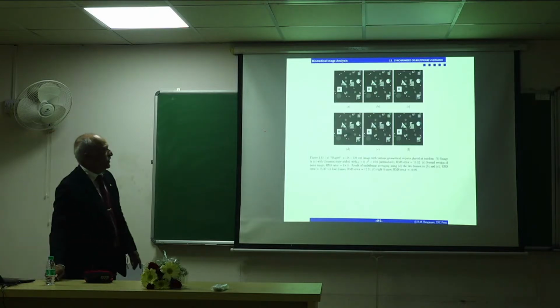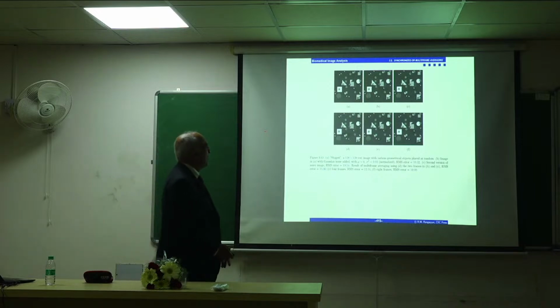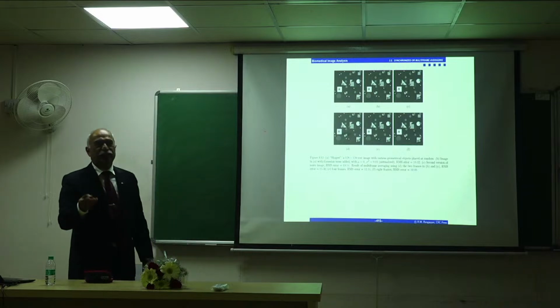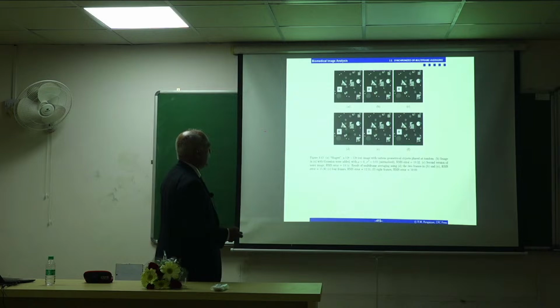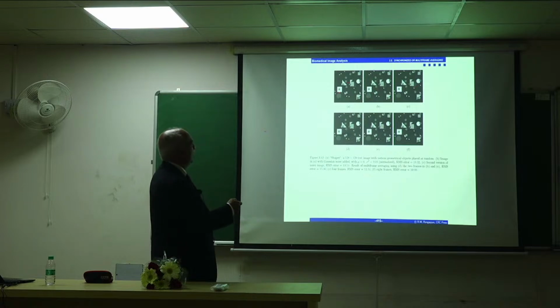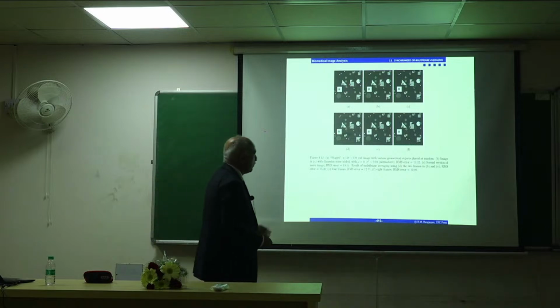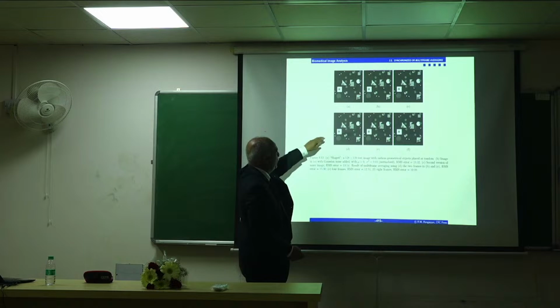This is just a synthesized example. We created a number of test patterns like this by randomly placing various shapes with various gray levels and then adding noise. So this is the original image with noise. This is with Gaussian noise added. And this is another version with Gaussian noise added, not exactly the same, but different noise samples added to the original, and results of multi-frame averaging using 2 frames.